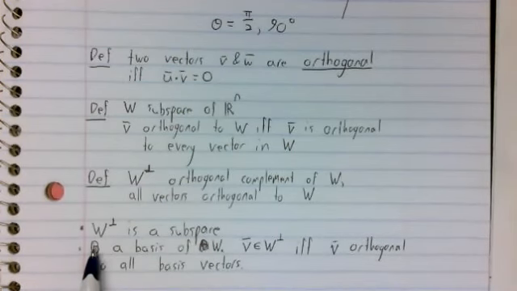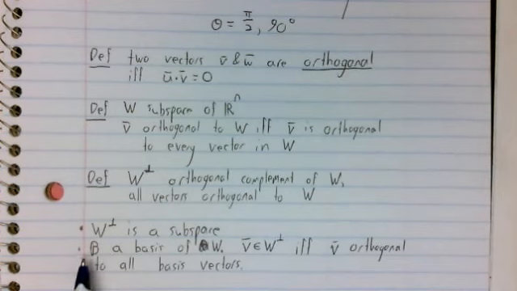And since this basis is finite, we therefore can determine whether or not a vector is in the orthogonal complement by checking finitely many vectors.